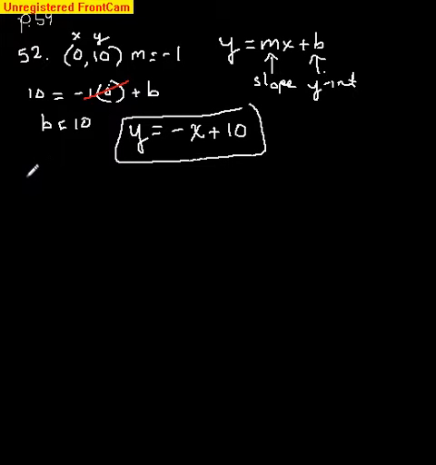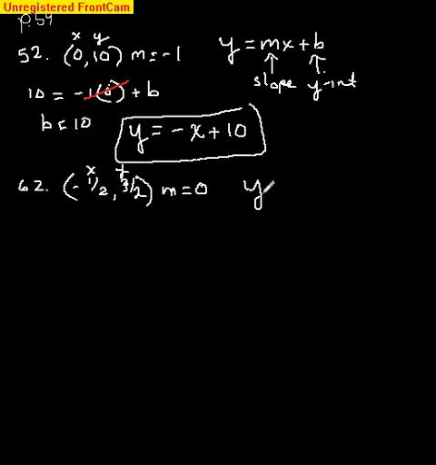Okay, let's jump down to number 62. The only difference here is he's giving you ones with fractions, just to make it more complicated. The point is (-1/2, 3/2), and your slope is equal to 0. This one's a little bit easier in some respects, because when you fill it in, this is your x, this is your y.